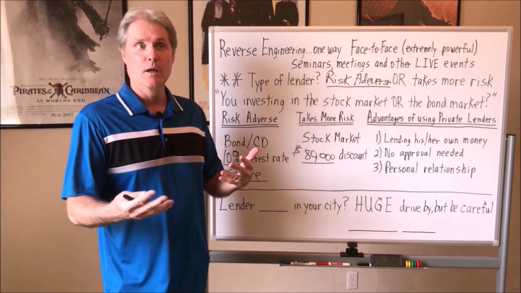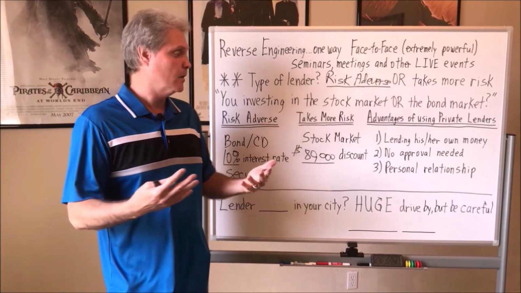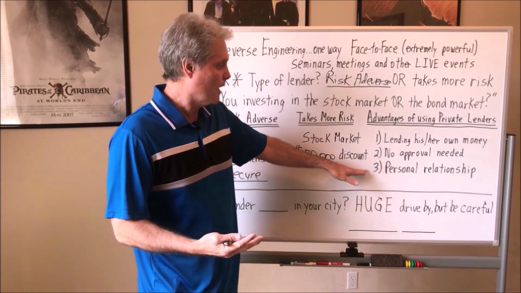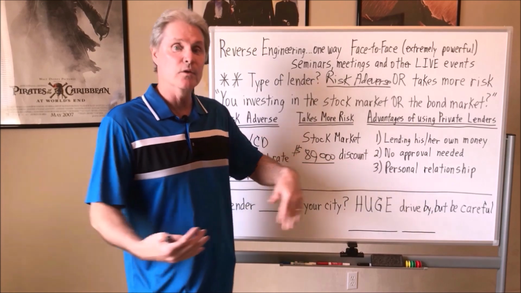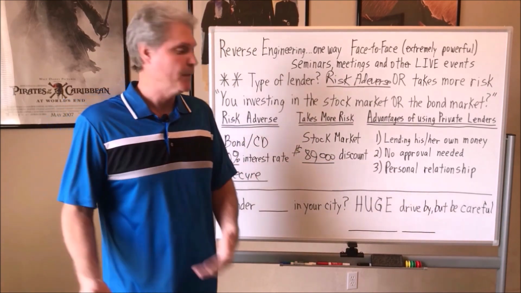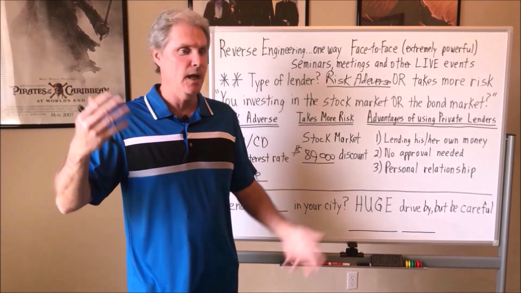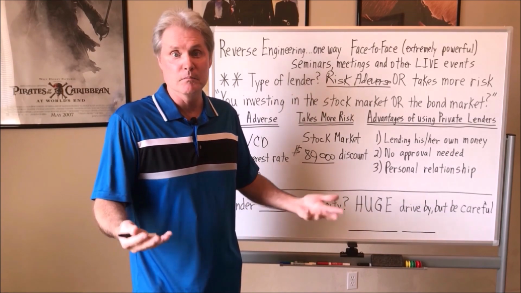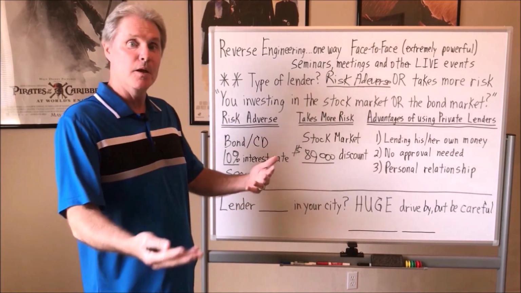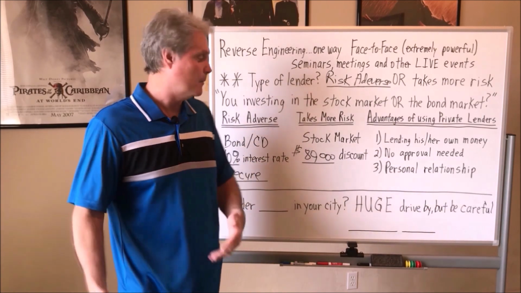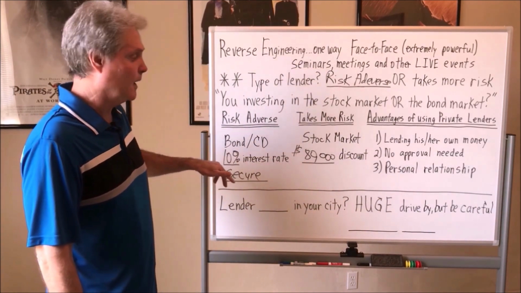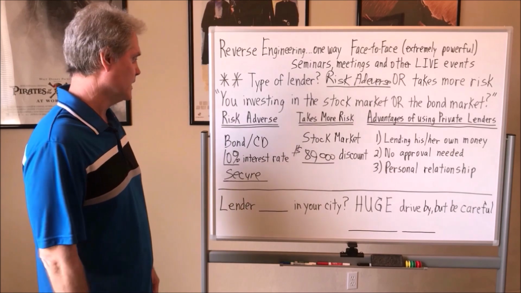You can look at common ground. And usually it really doesn't take that long to build up rapport. Then your next deal, your next flip, it's almost like picking up the phone and saying, hey, I got another one. You interested? And generally they're going to be interested because you made them money. They got their principal back, plus you made them a lot of money in a short period of time.